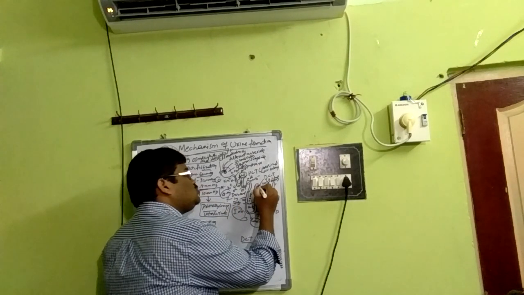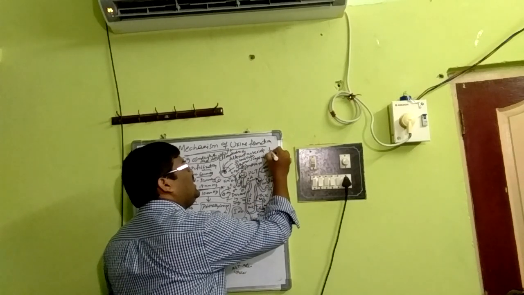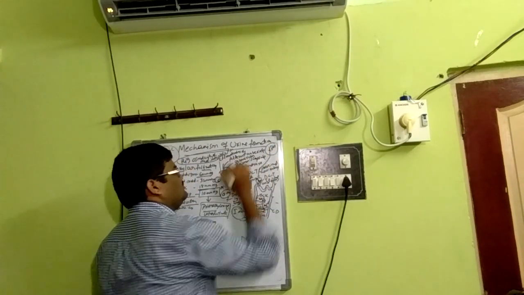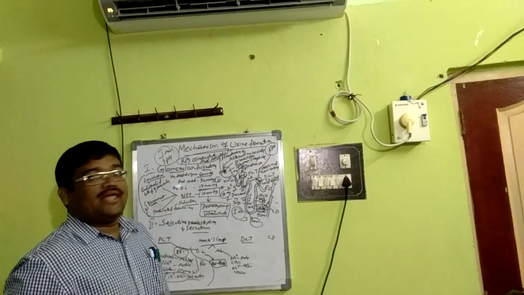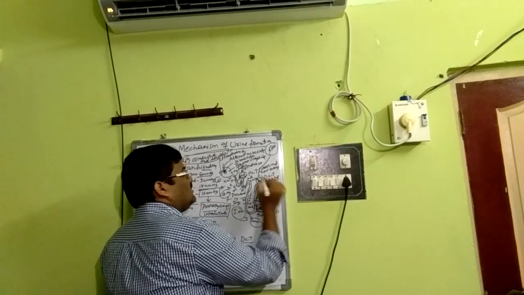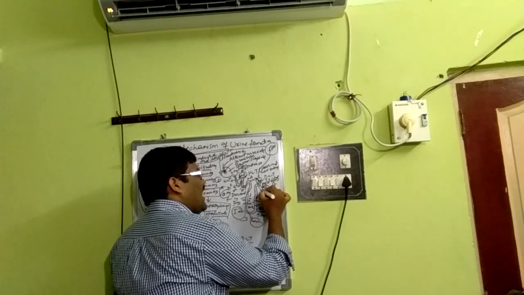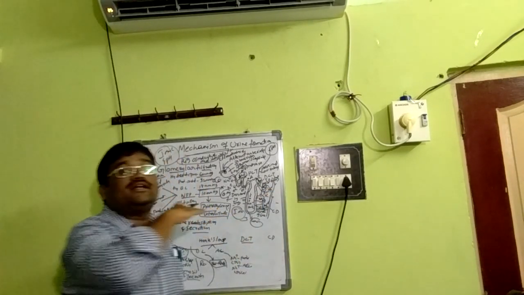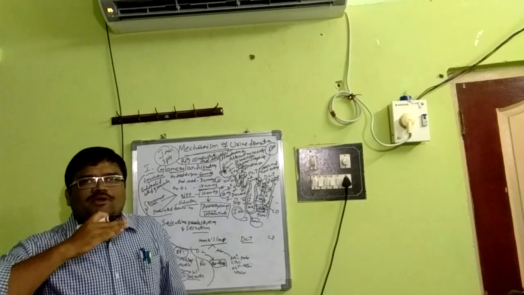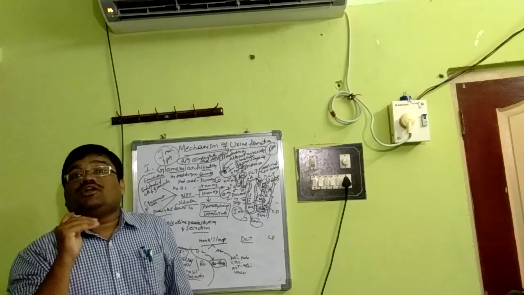H2O will be reabsorbed in the DCT because of ADH, antidiuretic hormone. At the same time, Na plus is reabsorbed through aldosterone. Here also some H plus and K plus will be added into the primary filtrate just to maintain ionic balance. I told you already, there should be a balance between the water and the ions for the essentiality of body fluids.